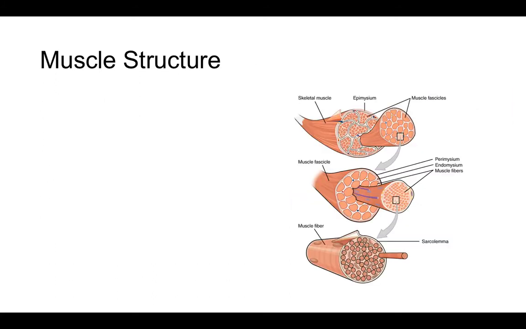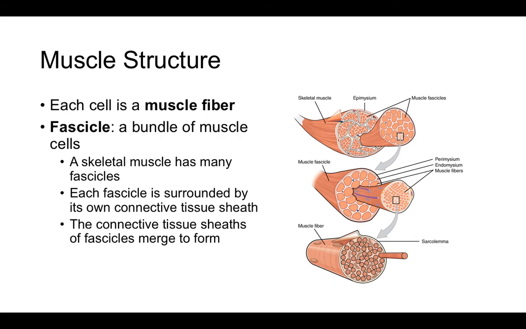So the muscle structure, this is exactly what I was just talking about. Each cell in a muscle is what we call a muscle fiber. Now, a fascicle is a bundle of muscle cells that work and move and contract in the same direction. So here you can see this. Each one of these is one muscle cell, and they are bundled together by a muscle fascicle. You can see the muscle fibers here.